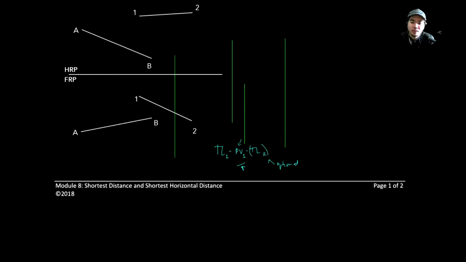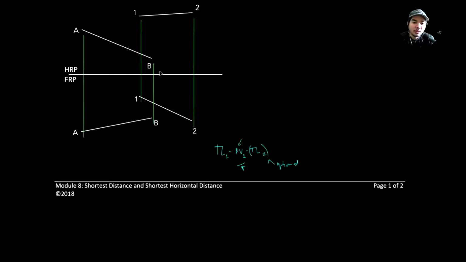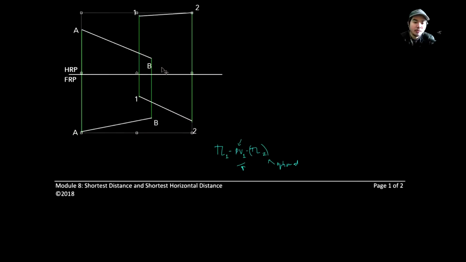Kasi if you pick a line that becomes true length somewhere outside the paper, then mahihirapan kayo. So, kailangan nyo strategize in such a way na yung mapoproduce nyo na views is pasok pa rin doon sa page natin.